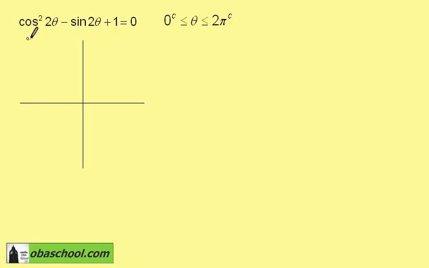We want to solve the trigonometric equation cos squared 2 theta minus sine 2 theta plus 1 is equal to 0. And we want to do this in the range for theta between 0 radians and 2 pi radians.